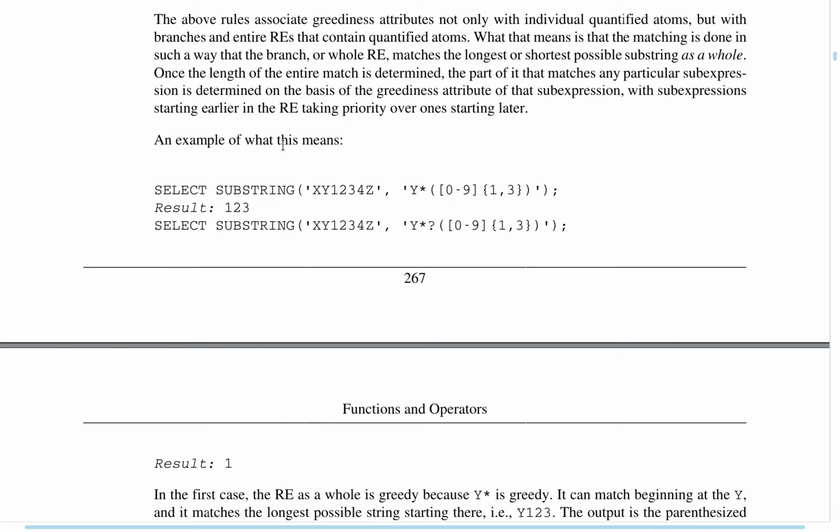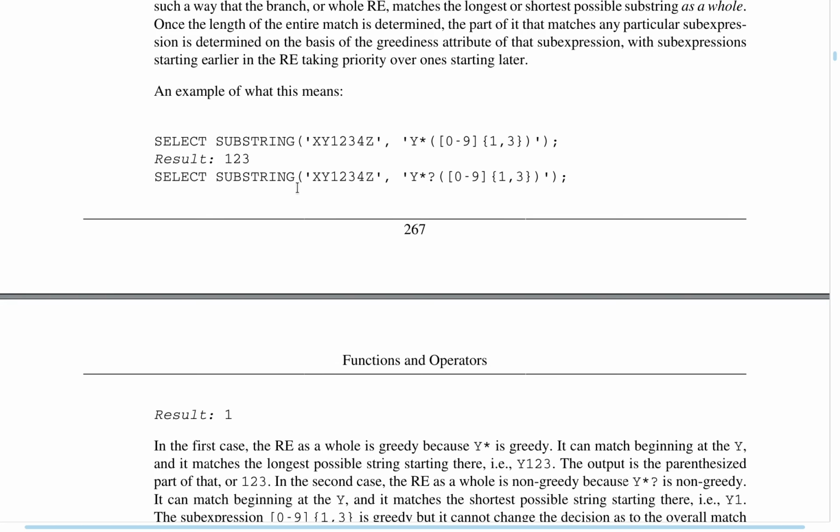An example of what this means: we have xyz1234z, and then we have z*. Star means 0 or more. Now in the parentheses we have 0 to 9 and 1 to 3, so this will go for the longest match. So 1 to 3 characters are to be matched.